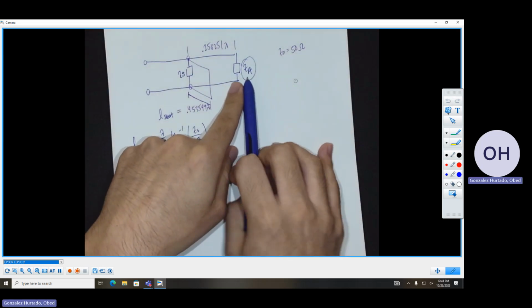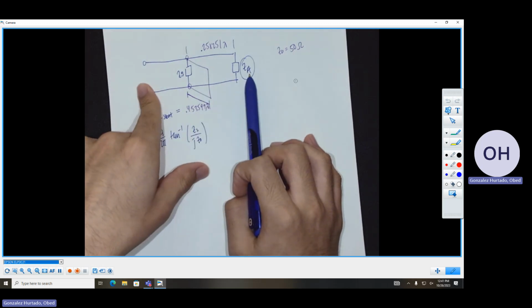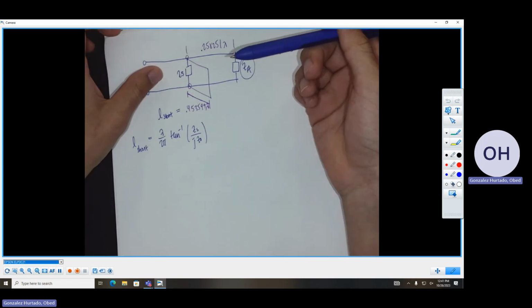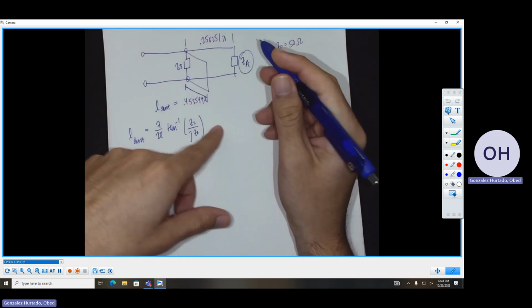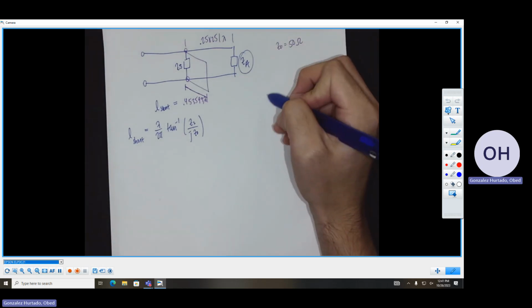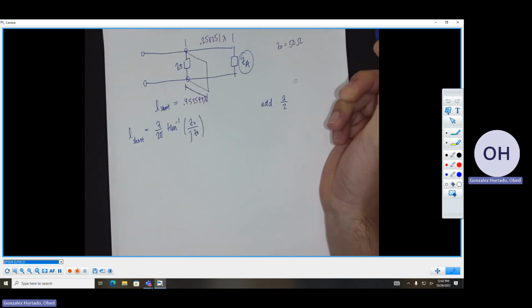Normally, when we're finding single stub matching, we start at the load and go forward to find our stub. During that, sometimes when we have to find the shortest one, and we can't have negative lengths, we add half a wavelength to our lengths.